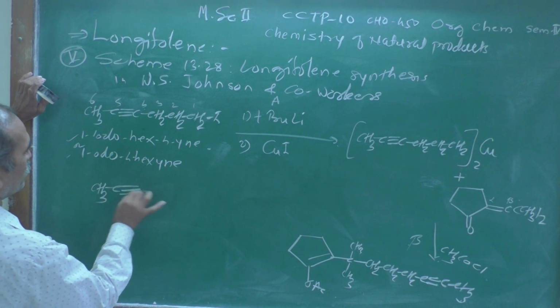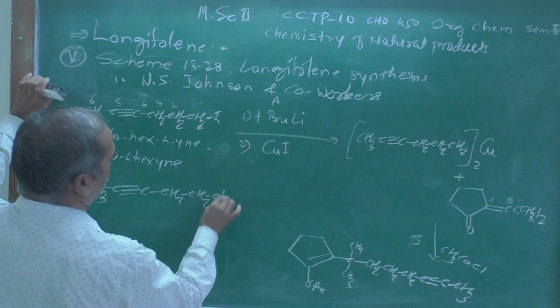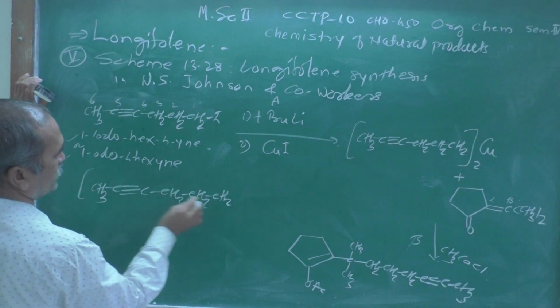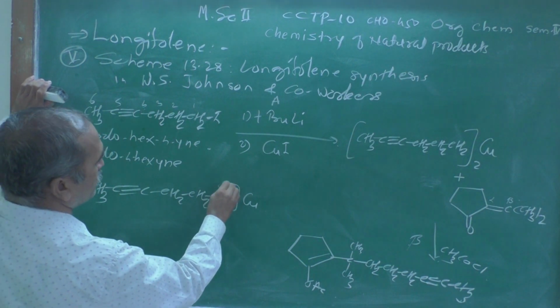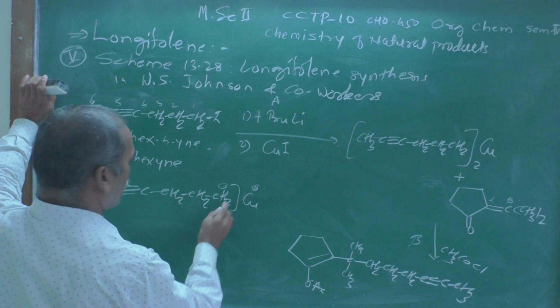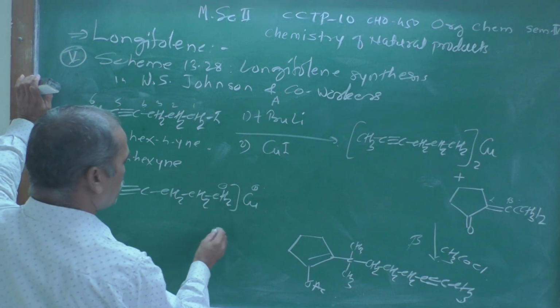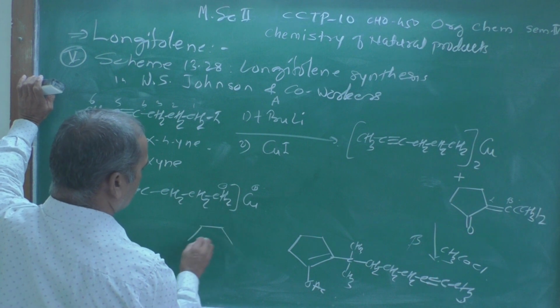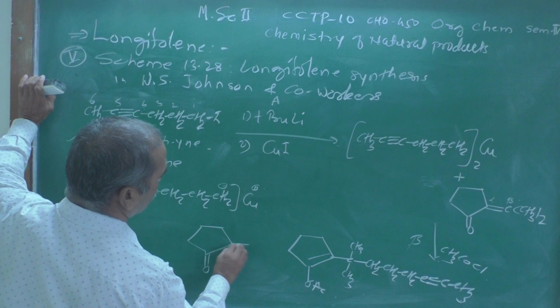CH3, C triple bond C, then CH2, then CH2, this one, then Cu. Now this is negative charge, here should be positive, and now this nucleophile is going to attack on this. Let us see here, this is an alpha beta unsaturated compound.